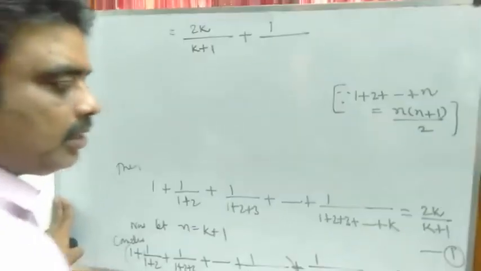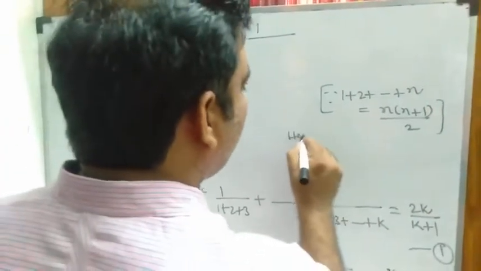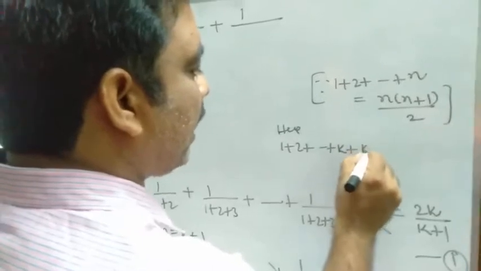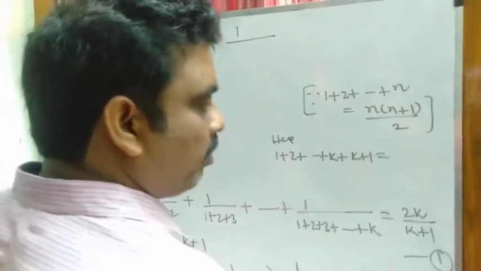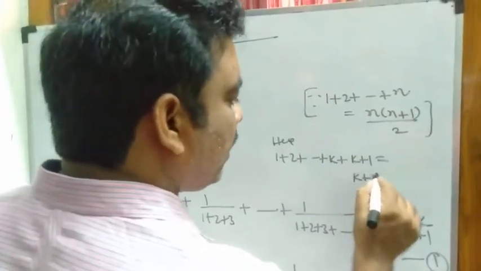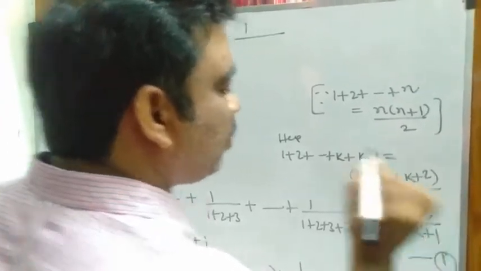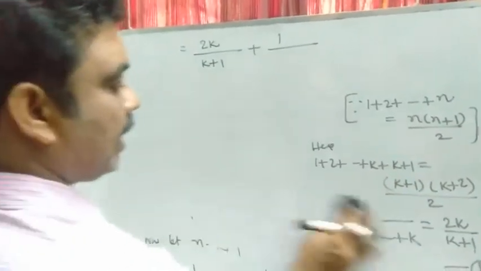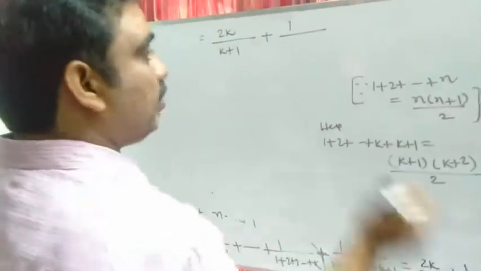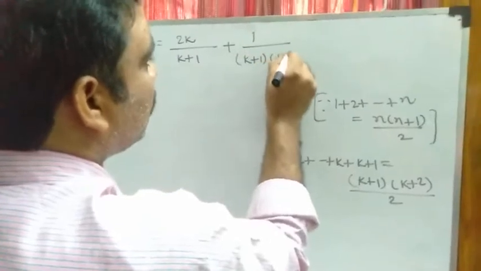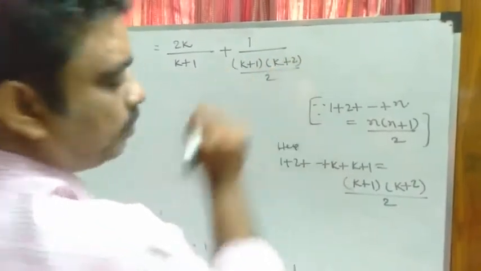Already we know the result. Here 1 plus 2 plus so on, k plus 1. So what will it become? k plus 1 into k plus 1 plus 1, k plus 2 by 2. So I can write the entire term in the denominator, k plus 1 into k plus 2 by 2.